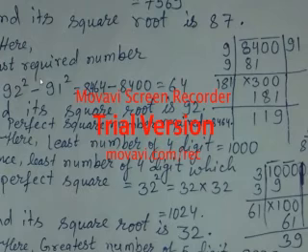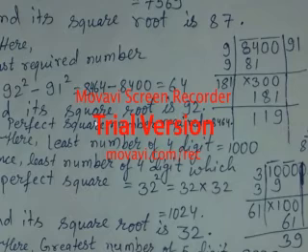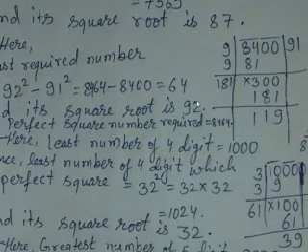The least required number which should be added to 8400 to make it a perfect square is 64, and its square root is 92.